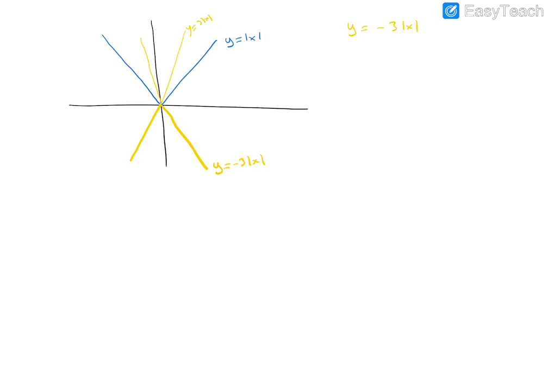Or let's consider another graph, y equals minus 1 over 2 absolute value of x. The 1 over 2 absolute value of x graph is like that one. By reflecting in the x-axis, we find this graph. So this is the y equals minus 1 over 2 absolute value of x graph.